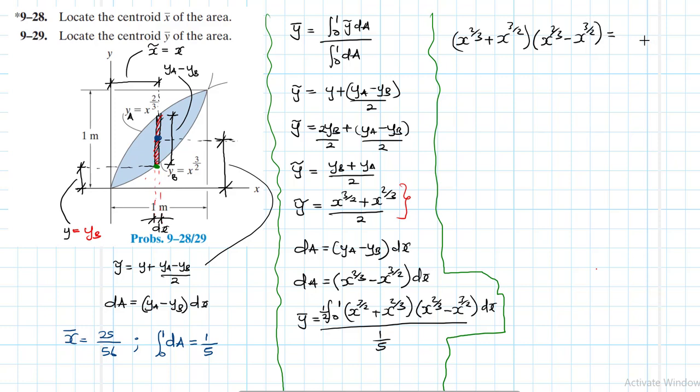This is a difference of two squares. So if you wrote this one, it is equal to x to the power 4 over 3 when this guy multiplies with this, and then a minus, this guy goes with this guy.